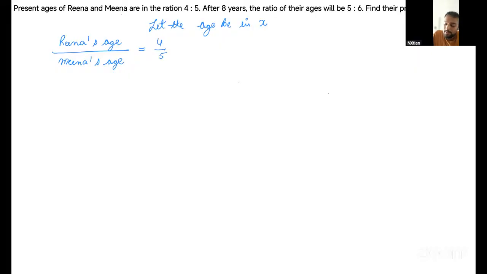Basically, because I don't know the real age, I will take the real age to be X.